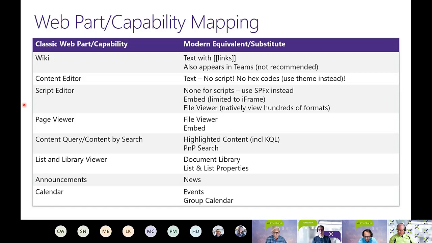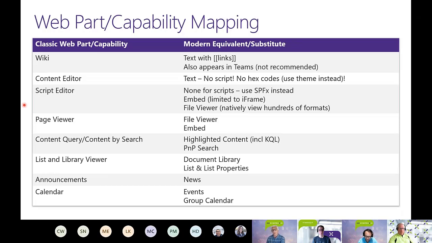It's generally used to embed a search-driven experience in a page. So you're grabbing content from wherever based on some criteria. You have to have a good information architecture to really make this work. So you have to be using content types well, or at least using the out-of-the-box capabilities well.